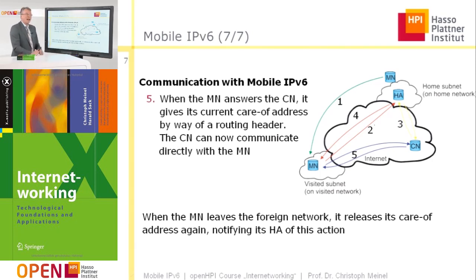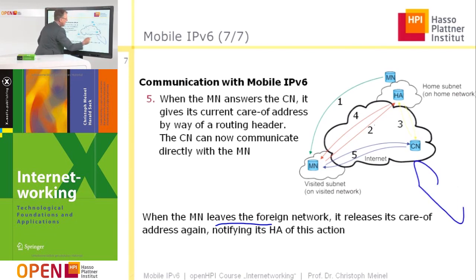When the mobile node leaves the foreign network, then of course it has to tell this to the home agent. It has to release the care-of address again and notify the home agent, so that the home agent does not forward messages sent to the mobile node to this care-of address in this guest network, because the mobile node, for example, has moved into the next network, and then same game. It has to get a new care-of address.